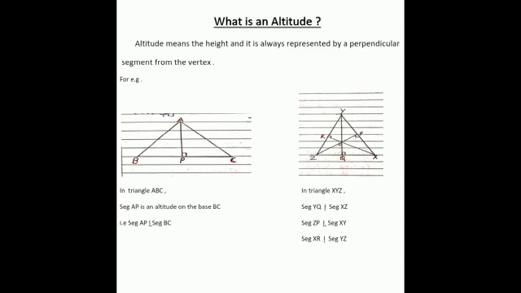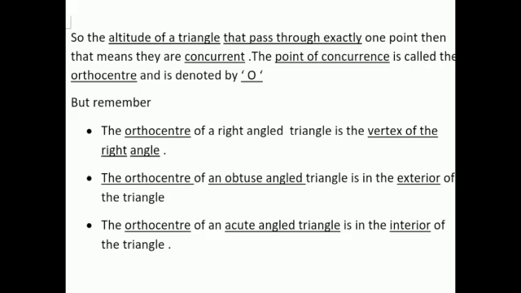So, children, segment YQ, segment ZP, and segment XR are the three altitudes of triangle XYZ, and these three altitudes are meeting at a point O. The point of concurrence is called the orthocenter of the triangle and it is always denoted by the letter O. But remember, the orthocenter of a right angle triangle is the vertex of the right angle.